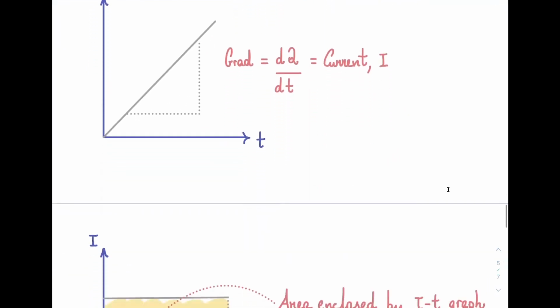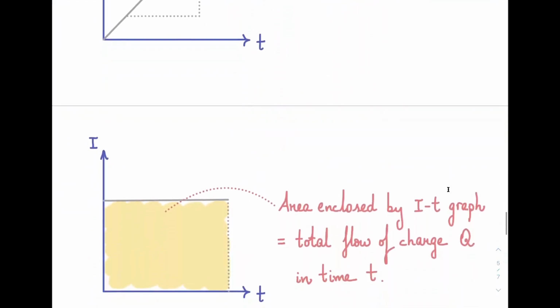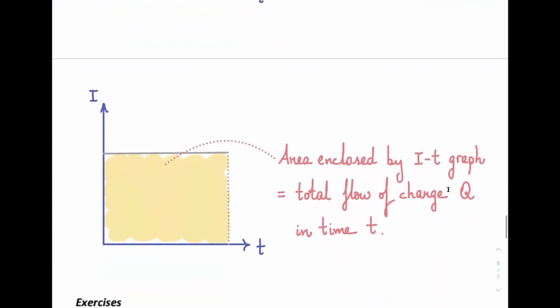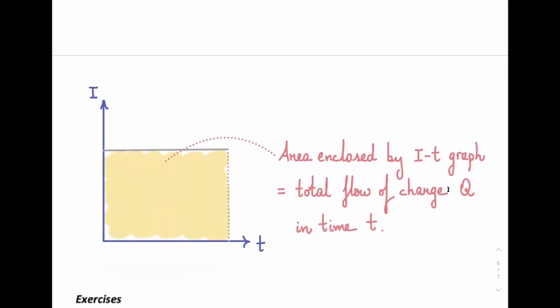On the other hand, in a graph of current against time, I am showing a simple case where the current is constant or uniform. Then the area enclosed, shaded here in yellow, is equivalent to the total flow of charge, capital Q, in time t.